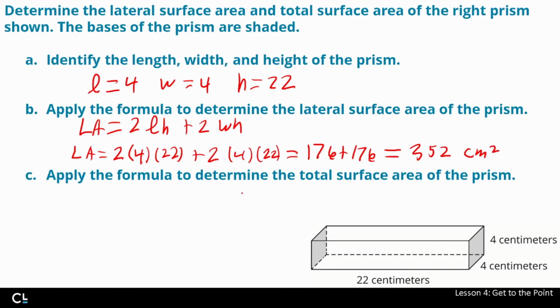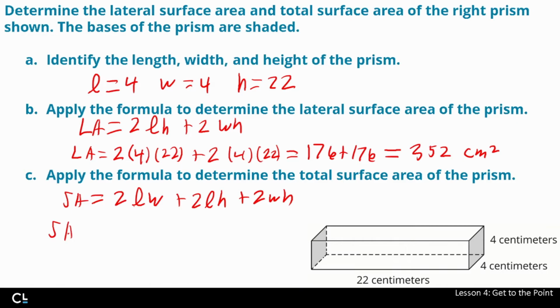Now we got to apply the formula for the total surface area, which is basically this thing, but with something added to the front. Just 2LW plus 2LH plus 2WH. And what does this 2LW represent? It represents the two areas of our shaded regions, the bases. Because now that's what we want on here.